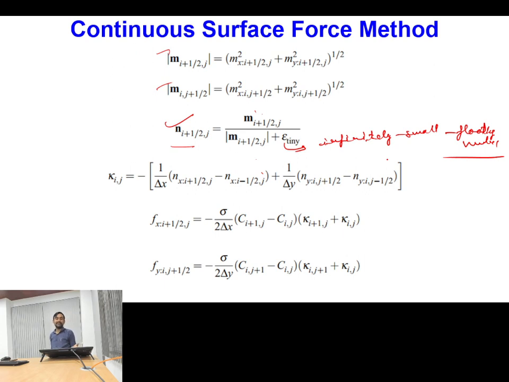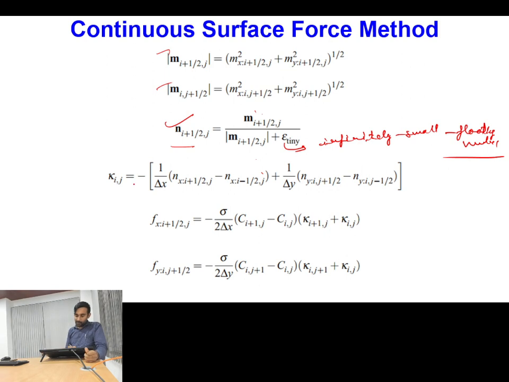Other simplest way is that you calculate this value of normal only for the cells where gradient of color function is non-zero. So where gradient of color function is 0, there you don't calculate this normal, because ultimately surface tension force will be coming at the interface only. Okay, so this thing can also be done.